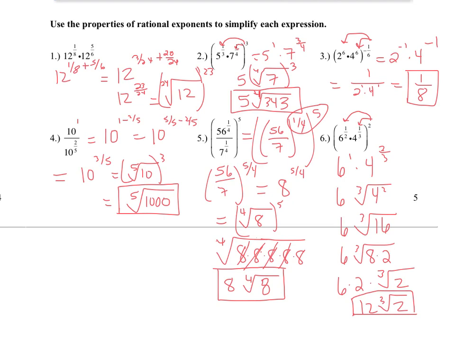And that's also what happened over here. We ended up with 16 under a cube root, but there's a perfect cube in 16, and that perfect cube is 8. So we had to break it down into the perfect cube times whatever else. And we had to cube root this to get to the outside, multiply, and simplify. You should also never have any negative exponents when you're done.